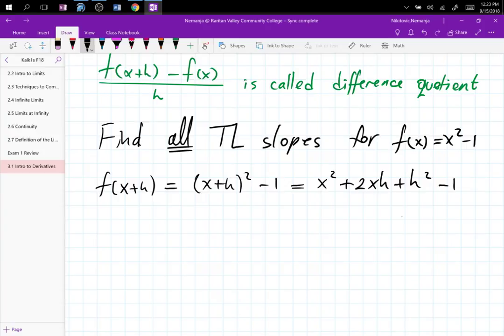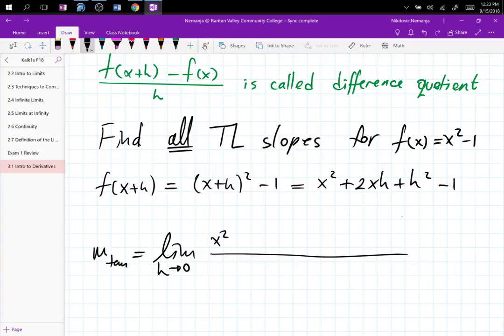Let's go. The slope of the tangent line is the limit as h goes to 0. f of x plus h is this long expression, x squared plus 2xh plus h squared minus 1, minus f of x in parentheses, divided by h.